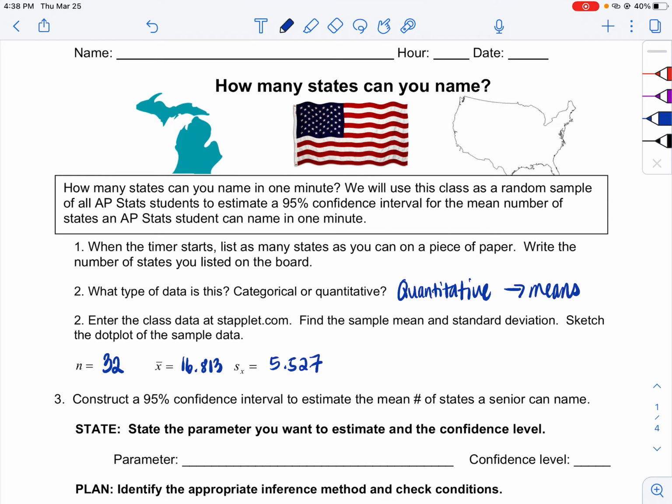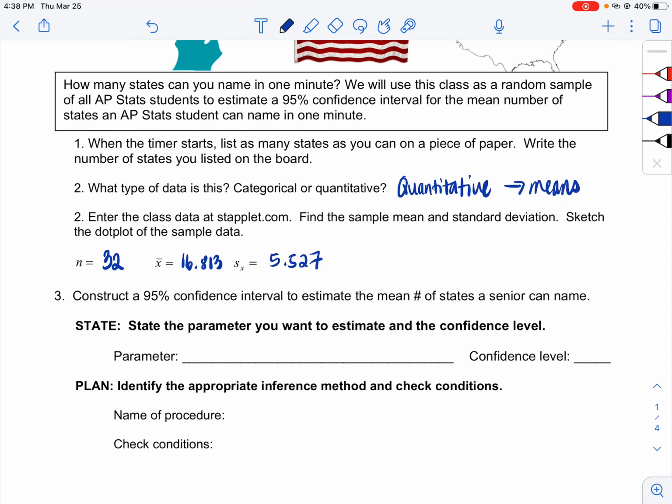We are going to construct a 95% confidence interval to estimate the mean number of states a senior can name.